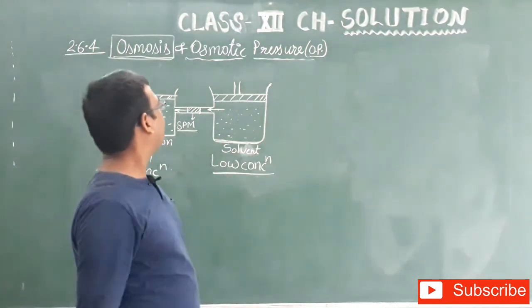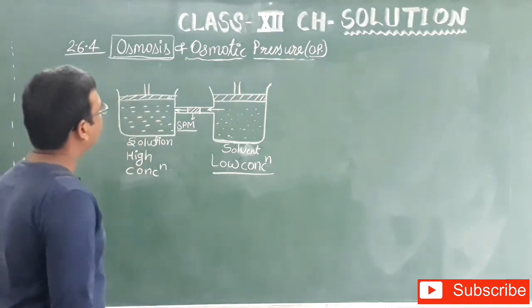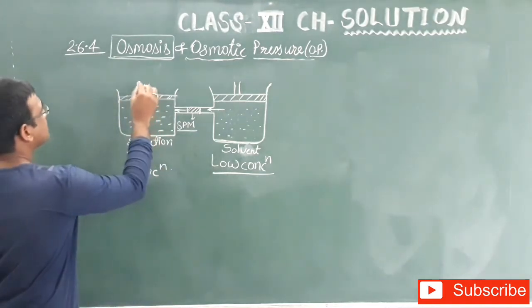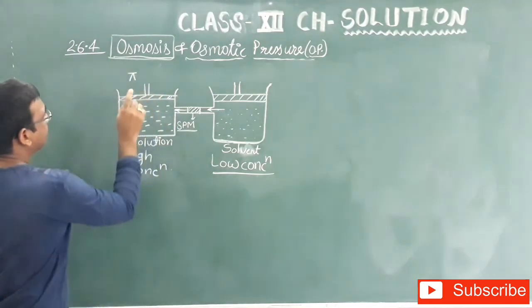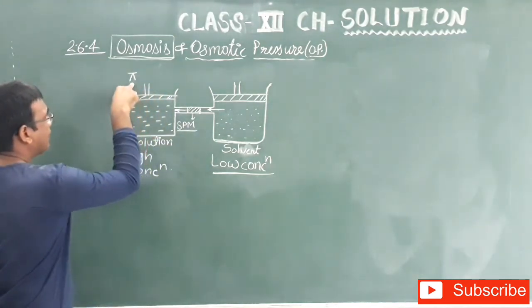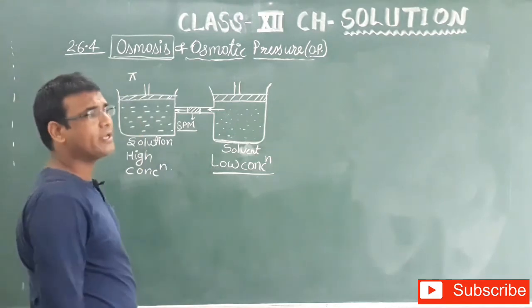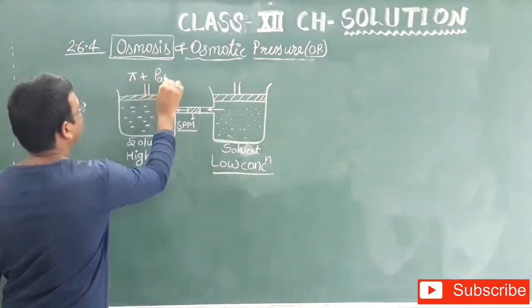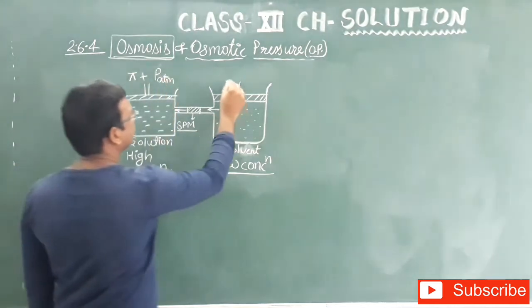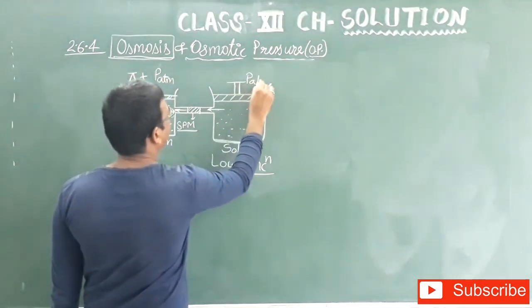Okay, now if you put some excess pressure, let this excess pressure be denoted by pi, and plus P atm is already there, atmospheric pressure. Here it is also P atm.